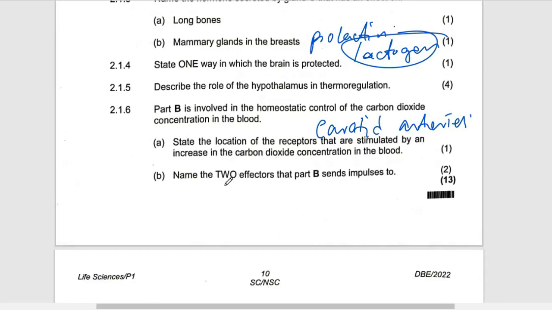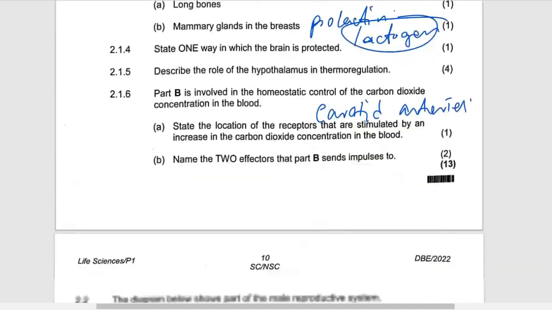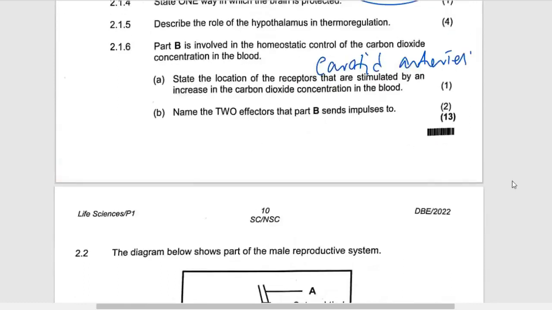And then they're saying that name the two effectors that part B sends impulse to. Where is part B now? If you look at it, there are two things to which it sends impulse. It sends impulse to the heart so that the heartbeat can increase, so that it sends blood to the muscles and then picks up carbon dioxide.